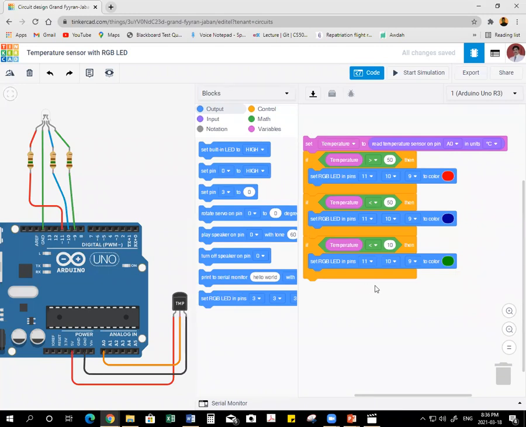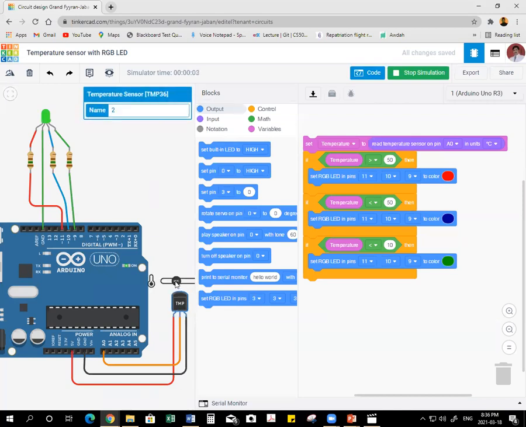Very simple one it is, because we are taking a simple block, read temperature sensor pin A0 in units degree centigrade. So start simulation. If it is ready, yes. Now see the temperature. Why is it not coming? Because we have connected this one reversely.